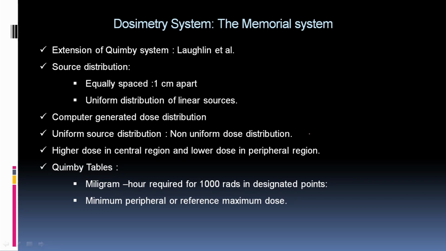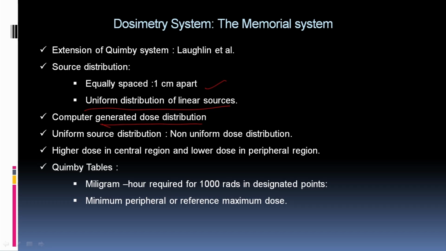Now, coming to the Memorial system, this is the extension of Quimby systems, and this is proposed by Laughlin et al. They recommend that the source distribution is equally spaced and approximately 1 centimeter apart, and they have also recommended to uniformly distribute the linear sources, but they generate the dose distribution with the help of a computer.